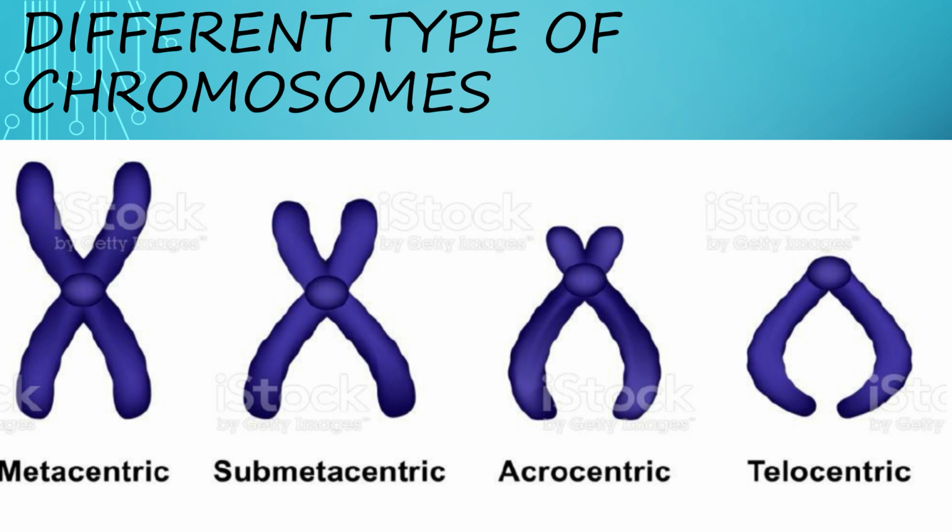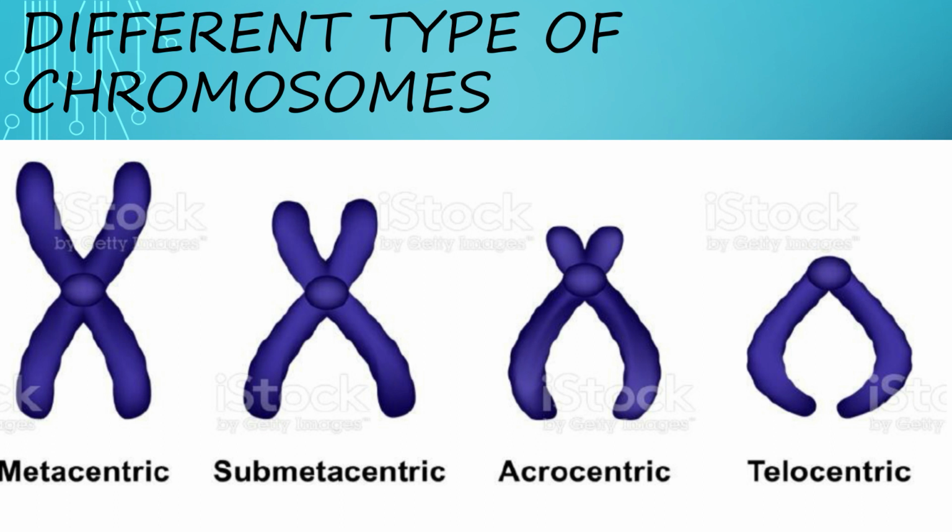Moreover, based on the position of the centromere, chromosomes can be classified into four types. They are metacentric, submetacentric, acrocentric and telocentric. As you can see in these diagrams, the metacentric chromosome has a middle centromere forming two equal arms.